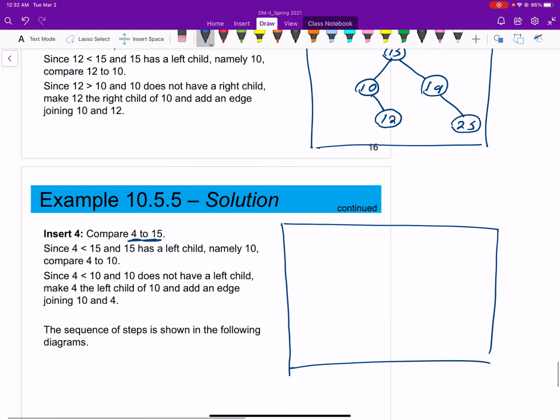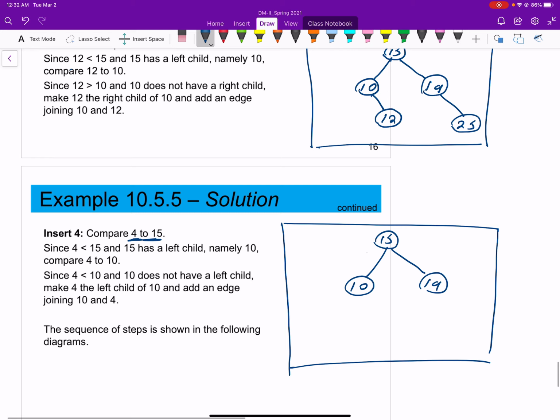Now we already have 15 here, and we have 10 here, 19 here, 12 there, 25 there, and now we're going to add 4.